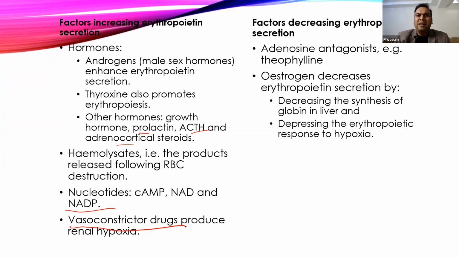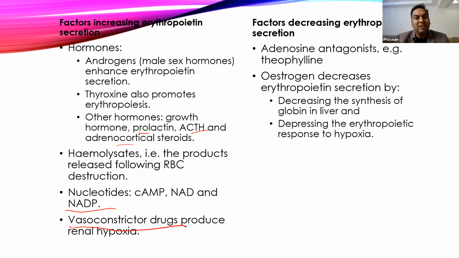That will lead to apparently decreased blood supply to the kidney, and there will be low oxygen concentration in the renal blood, and that leads to artificial hypoxia, which can increase the erythropoietin secretion. It doesn't mean that if you have anemia, you give a vasoconstrictor, because it will cause vasoconstriction in other parts of the body, and it will also increase the blood pressure. That will be more harmful to the body. We have a better way to treat anemia, so we will not use this type of drug.